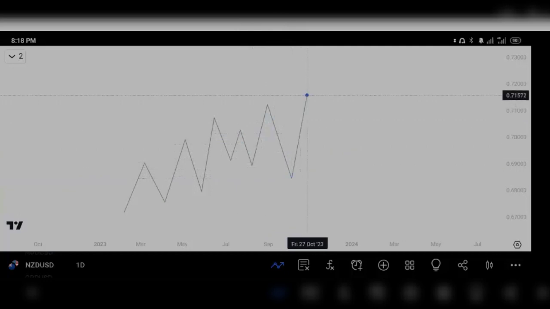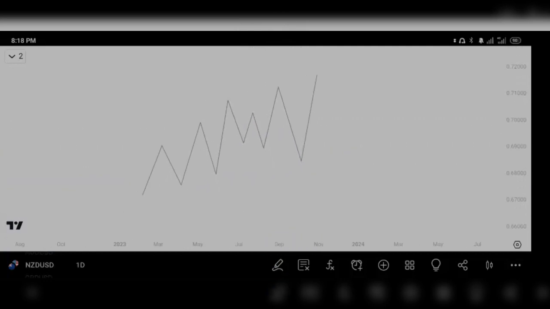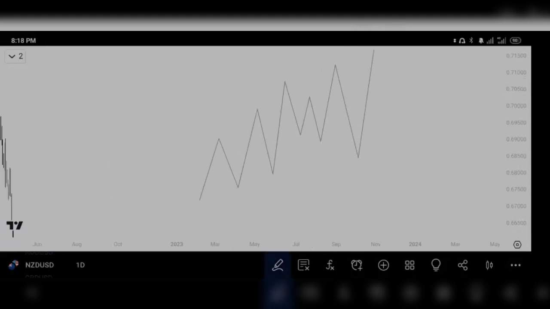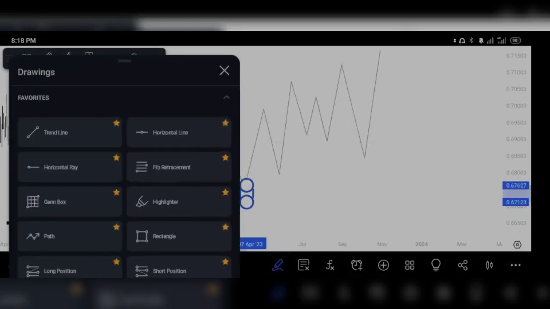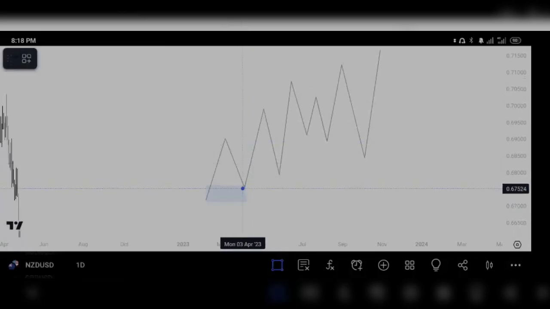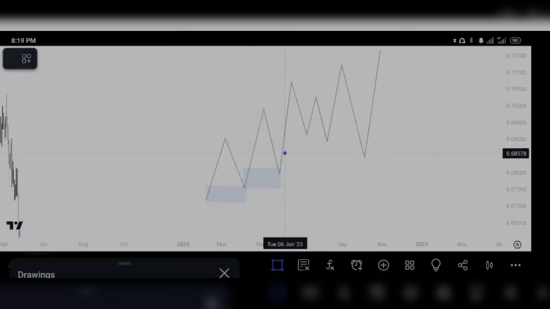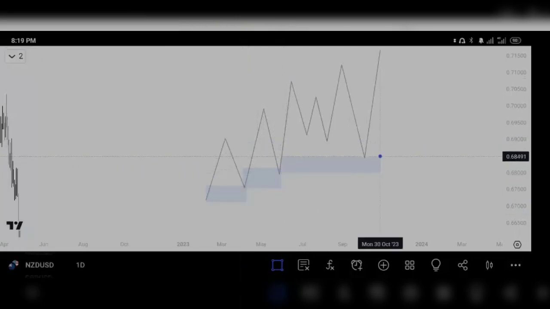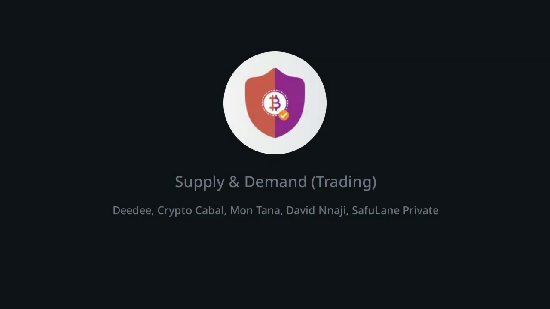When we have these higher highs and lows, we are in an uptrend. You see that price comes to tap on a point and moves up. Price comes down again and taps on that zone again. What is that zone that price is tapping on? Those are supply and demand zones.